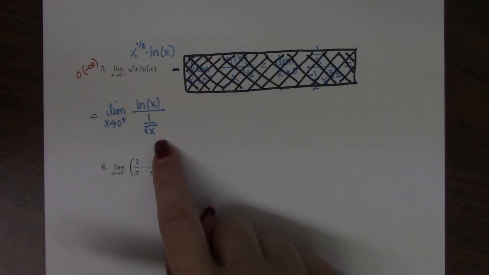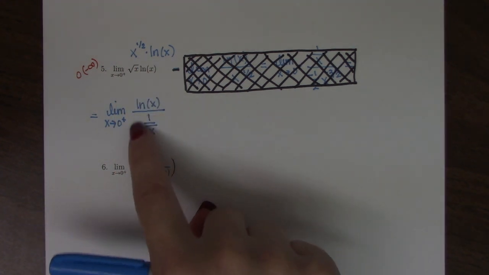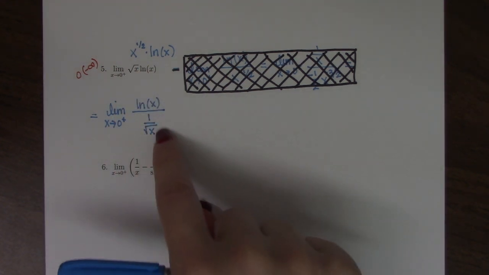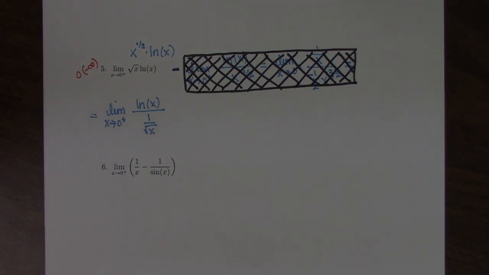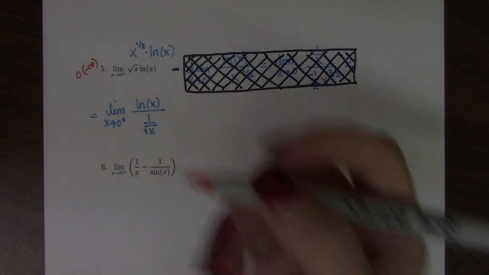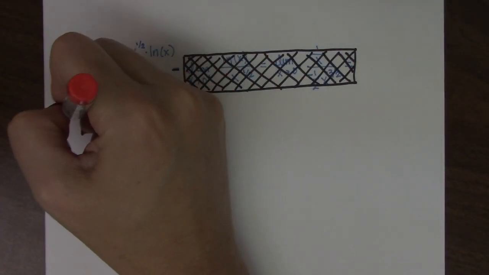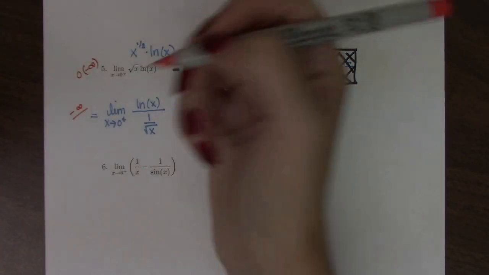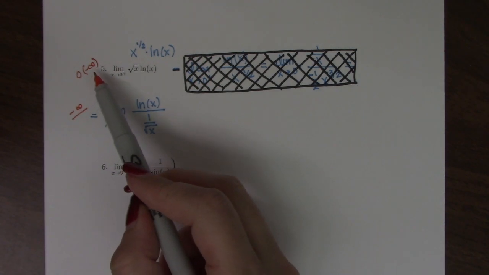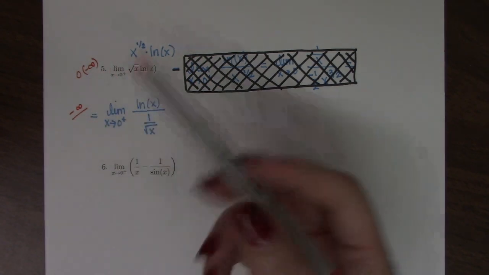I also could have written that as x to the negative 1/2, moving it in. But I think it makes easier sense to visualize the L'Hopital form if we do it this way. So we already see that in the numerator, the limit of ln is still negative infinity, because that's where this came from in the first part.